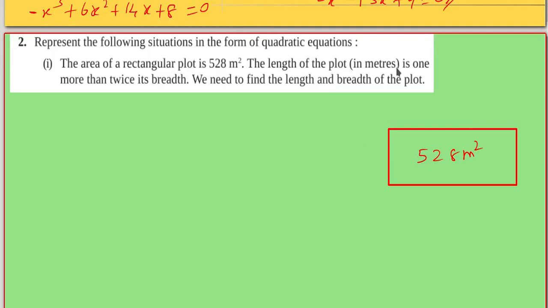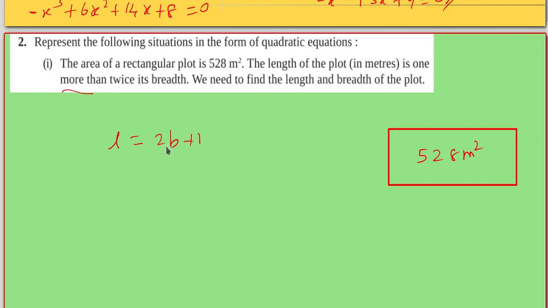Length of the plot is 1 more than twice its breadth. Like this we can write the second sentence: length of the plot equals 1 more than, and 1 more than means we need to put a plus sign. So 1 more than twice its breadth. Twice means 2 times its breadth.